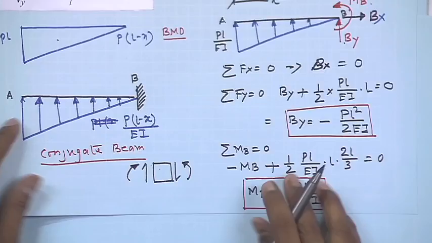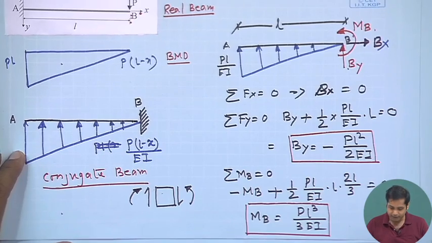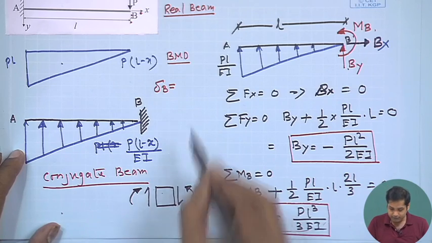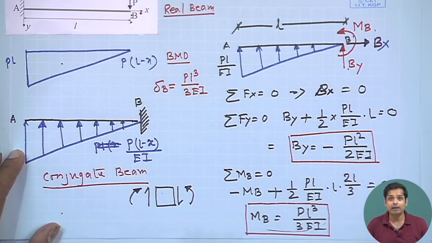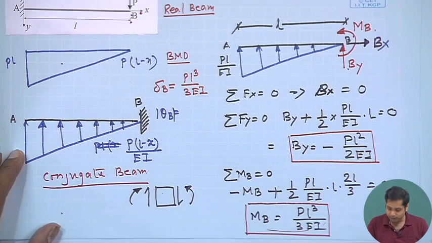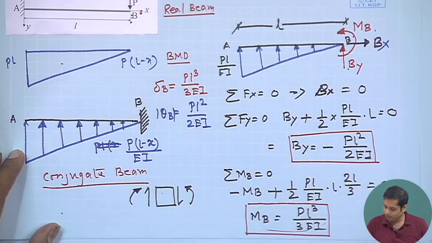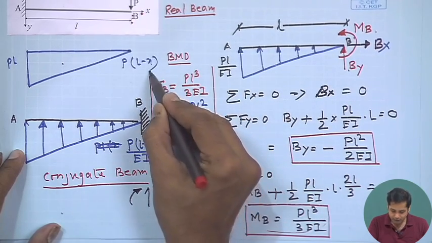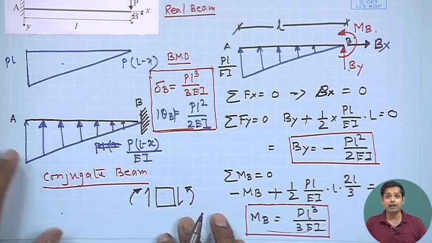So, what will be the theta b? What will be delta b in this problem? Let us write delta b is equal to PL cube by 3EI, and the absolute value of theta b becomes PL square by 2EI. I have written the absolute value because you give the sign as per your convention.